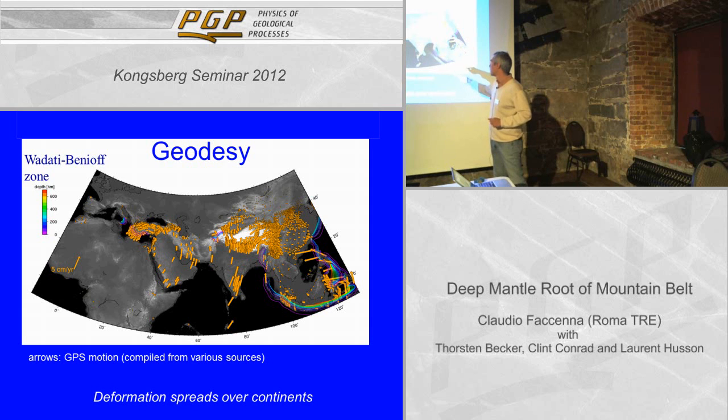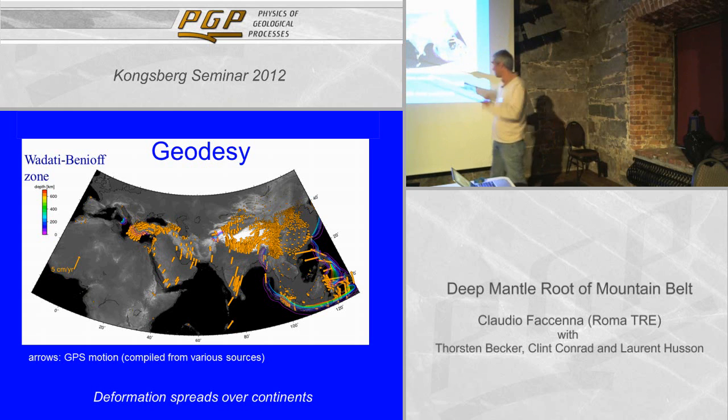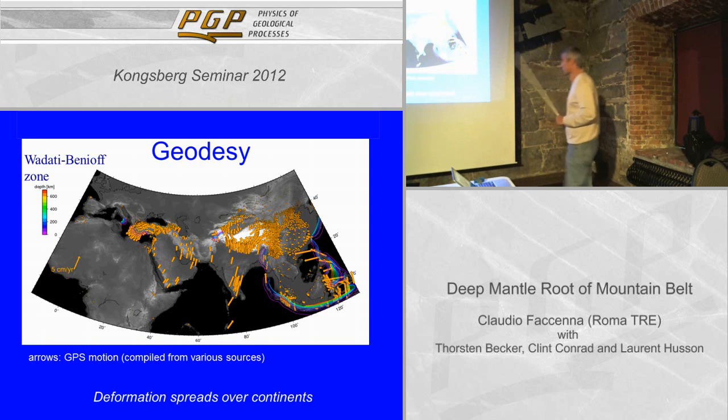India is going at about 5 centimeters per year, that's the scale on the left, whereas Arabia is going a little slower. What is also very interesting to see is this kind of symmetrical pattern, although with a general increase in the velocity, with an escape of material toward the Hellenic subduction zone in the west, and in the east toward the Sumatra subduction zone.